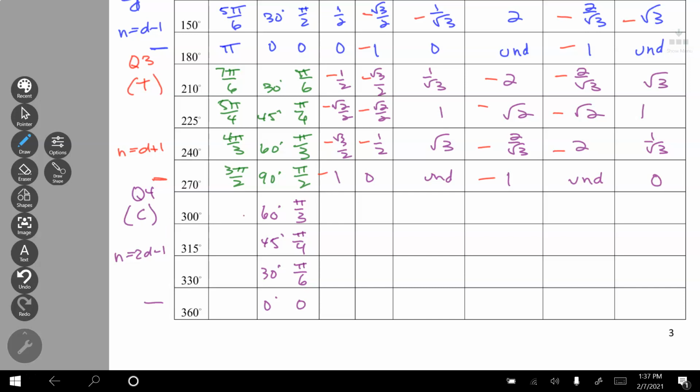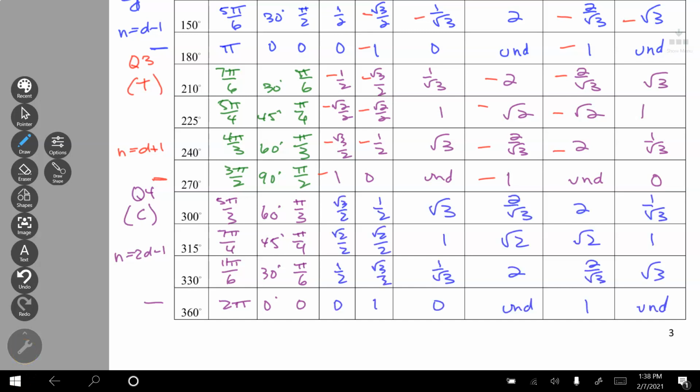And so 2 times the denominator, or 3, minus 1 is 5 pi over 3, 7 pi over 4, 11 pi over 6, and then finally 2 pi. And again, I can fill in the rest of the table based on what I did on the earlier part.